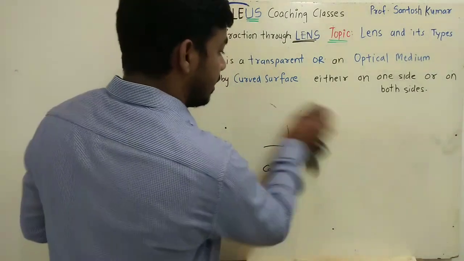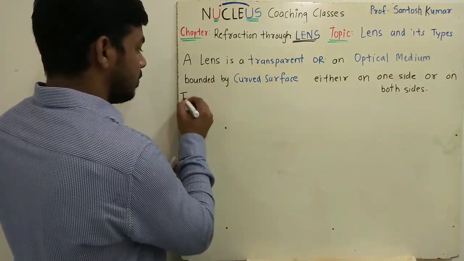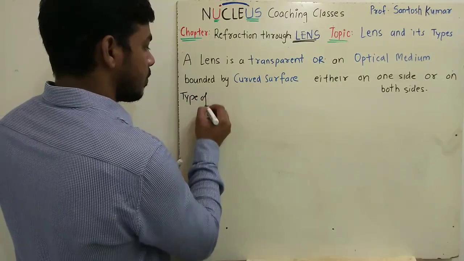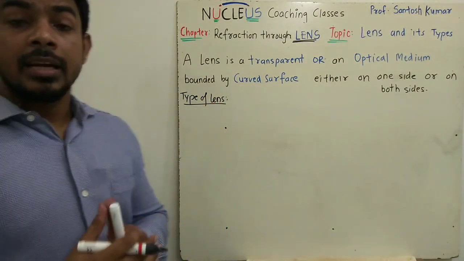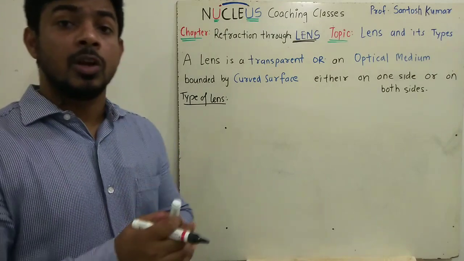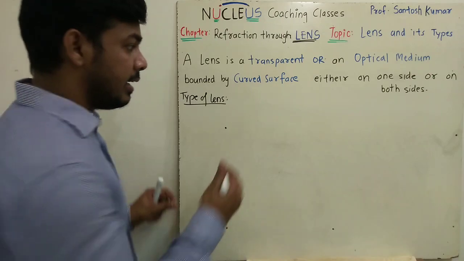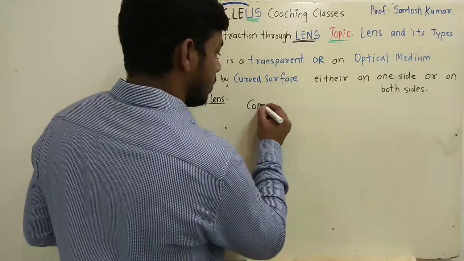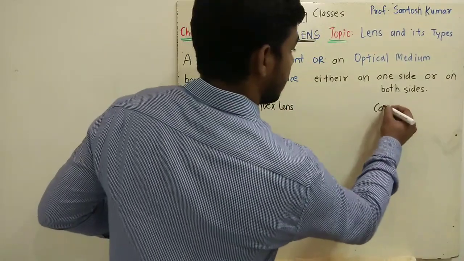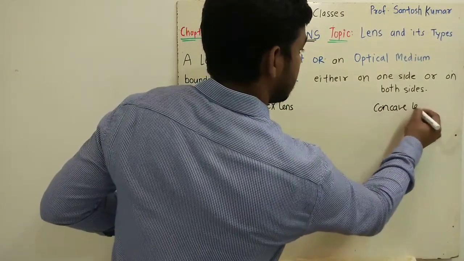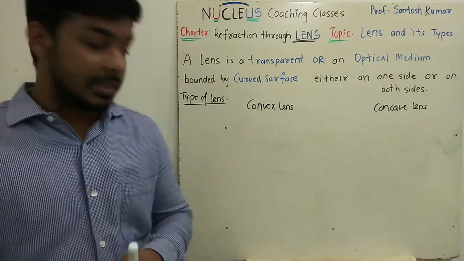And if I talk about type of lens, as I said, based on the action of lens, whether a ray of light converges or diverges, a lens can be classified as a convex lens or a concave lens. But how to identify this convex lens or concave lens?